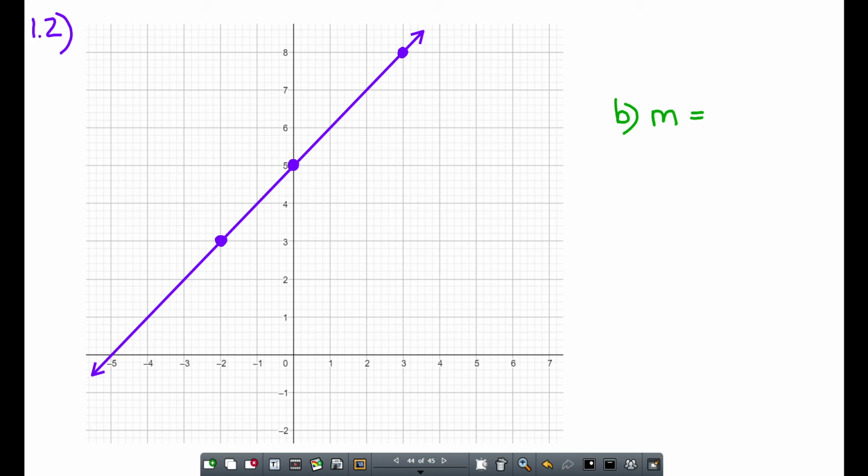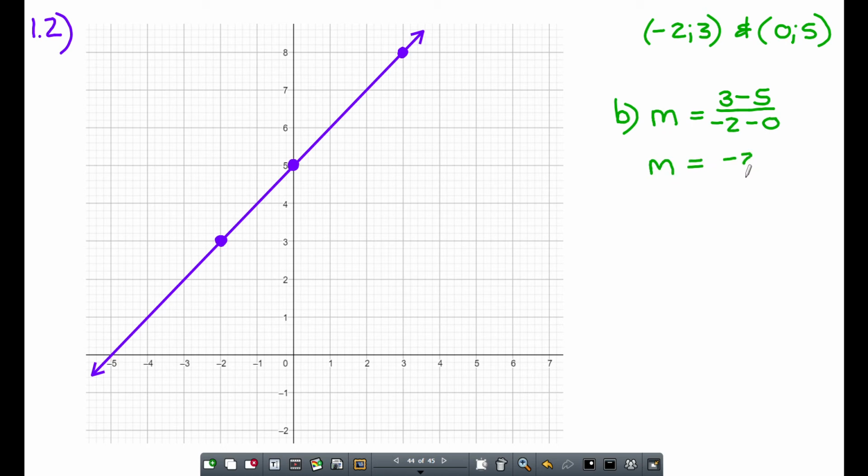So I'm going to use those first two coordinates, the one where it says -2 and 3, and the 0 and 5. Difference in y would be 3 minus 5 over -2 minus 0, which means that gradient would be -2 over -2. So gradient is 1. Any questions there?